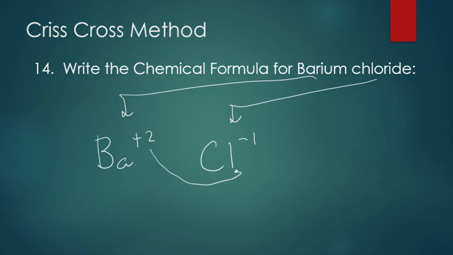So it'll be Ba2. No, Ba1, Cl2. Okay, so what happens to the 1? Ones are understood. It's there. Can you see it? It's just not there. It used to be there.